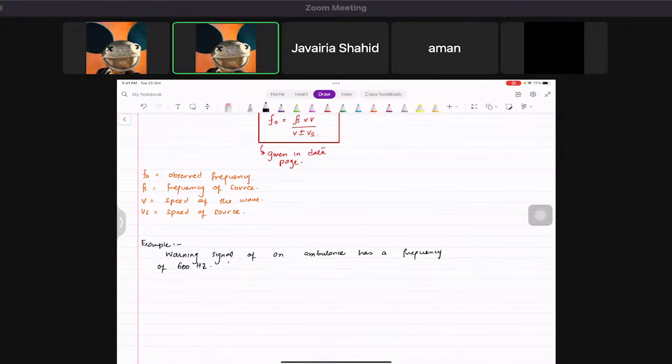Now, speed of sound in air is 330 meters per second. The ambulance is traveling with a constant velocity of 25 meters per second towards the observer.